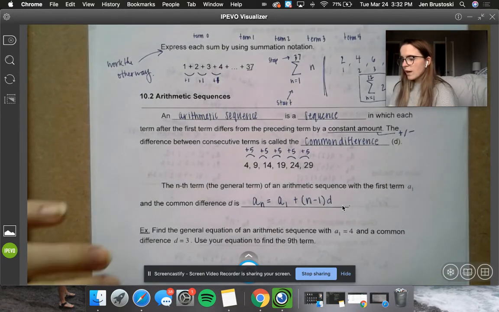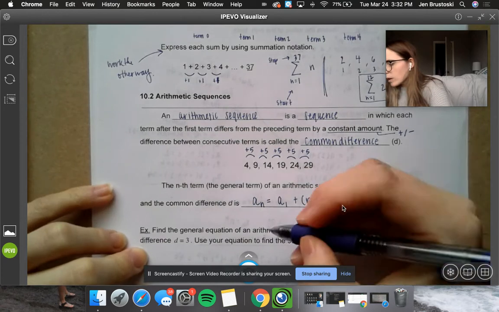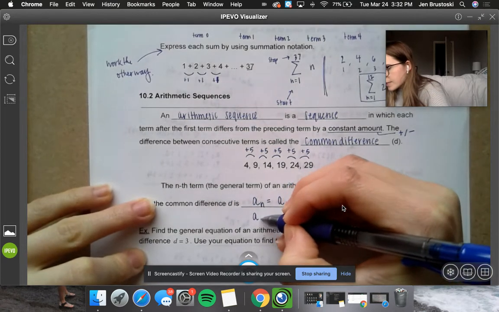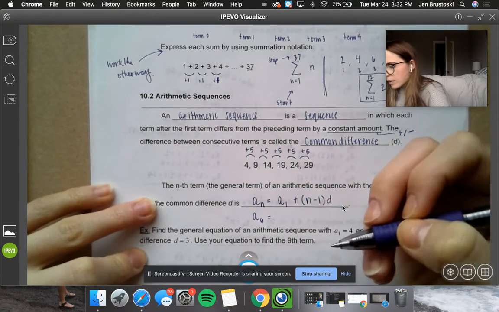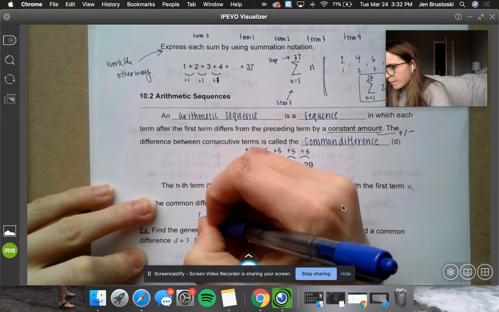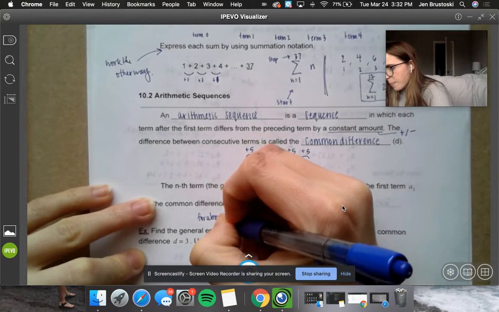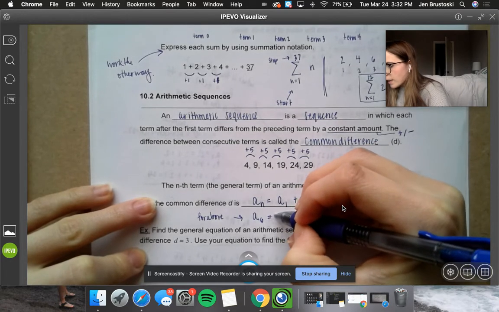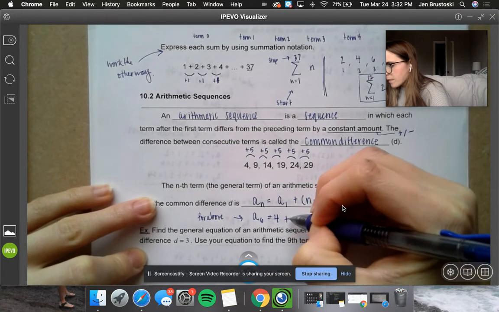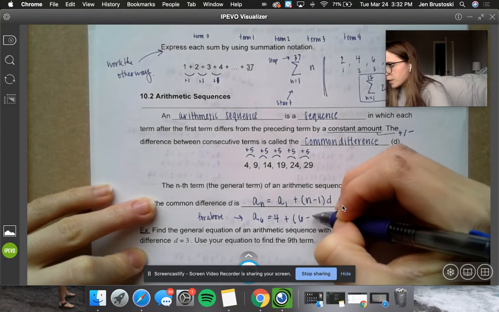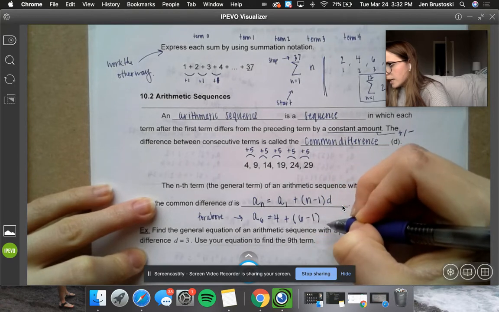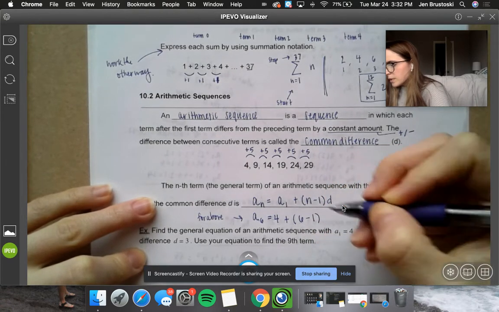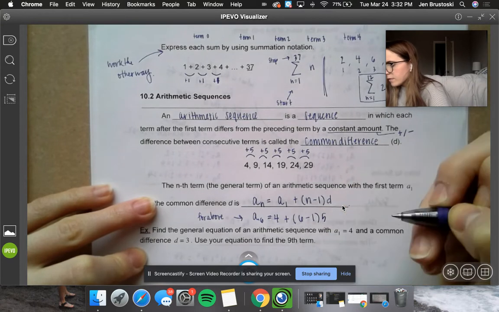Okay, let's go ahead and look at our sequence above. We're looking for a sub 6 for the problem above. So a sub 1 is 4. That's our first term. We're looking for the sixth term, and our difference is 5.